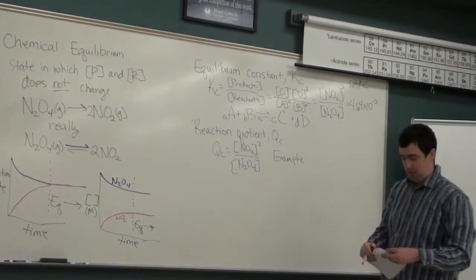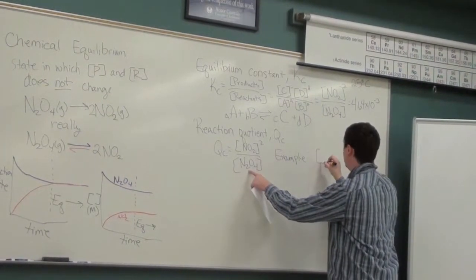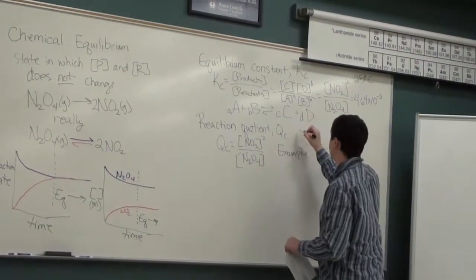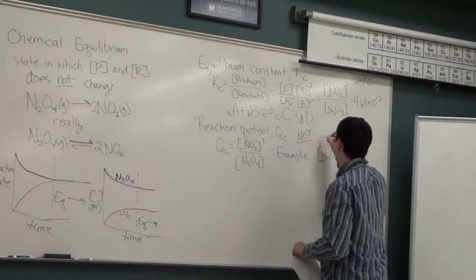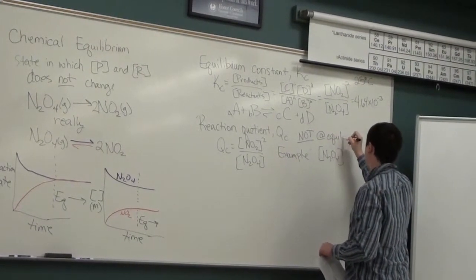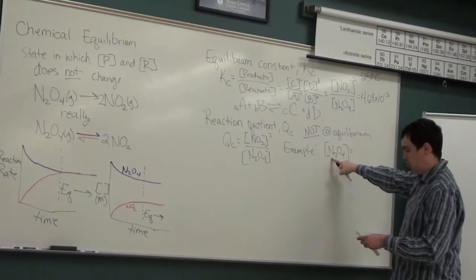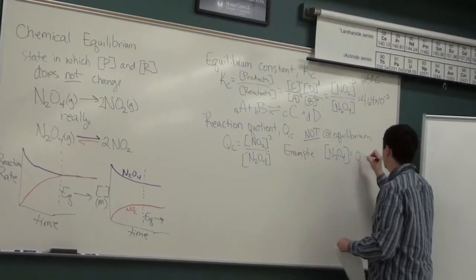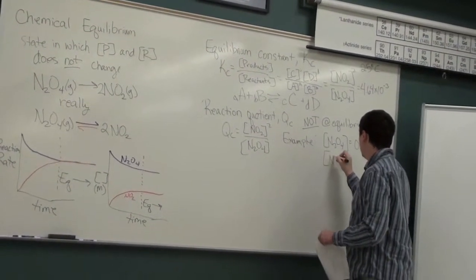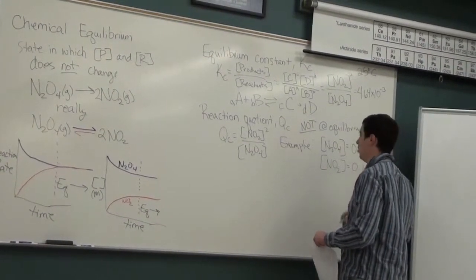Now let's take for an example that we have a concentration of N2O4 not at equilibrium. Let's say it is 0.2 molar, and for NO2, our concentration is 0.1 molar.